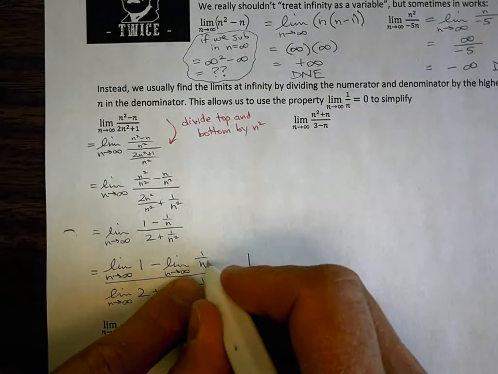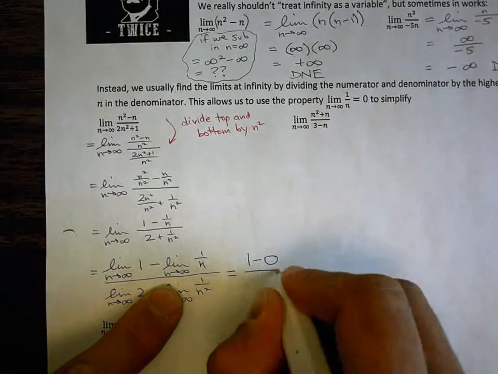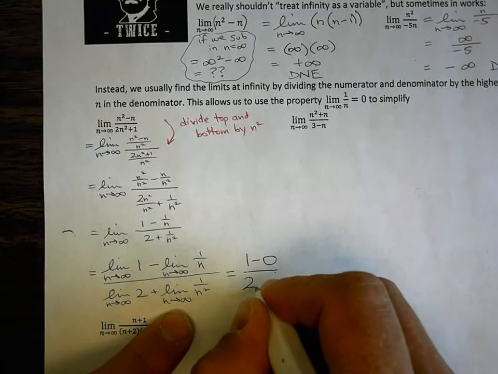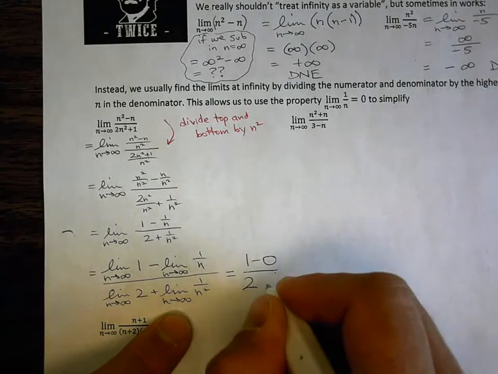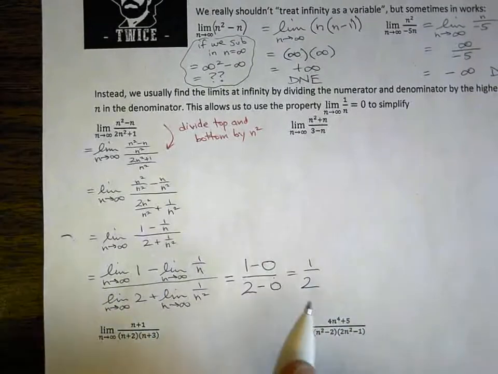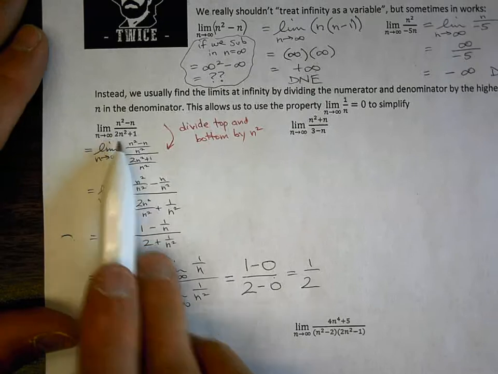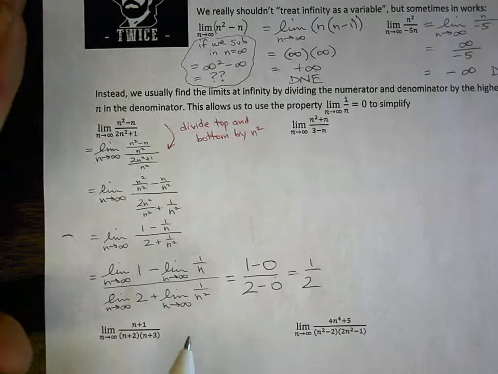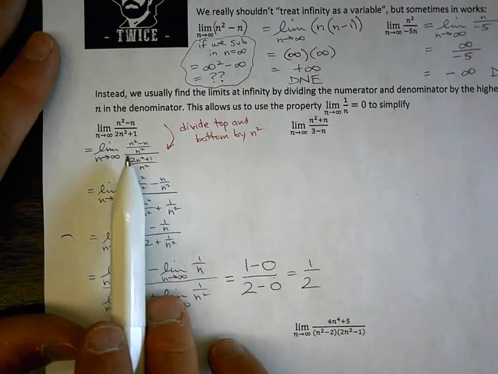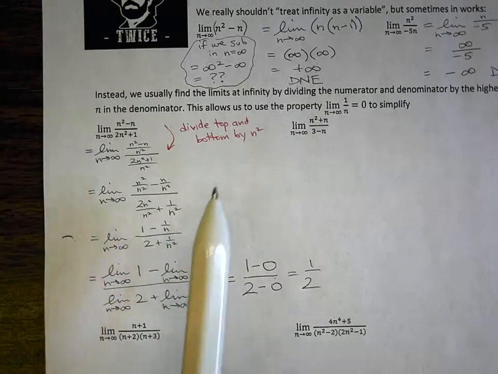The limit of 1 over n, that's the property from the other page, that's 0. The limit of 2 is 2, and the limit of 1 over n squared, as long as it's in the denominator, is also 0. So my limit then is half. This sequence converges to half, or this function, as n approaches infinity, reaches half. The strategy, again, was to divide by the highest power of n in the denominator, and then you can use that property from the other page.